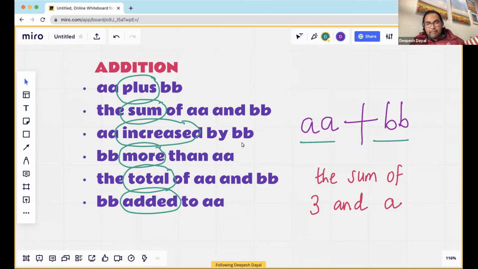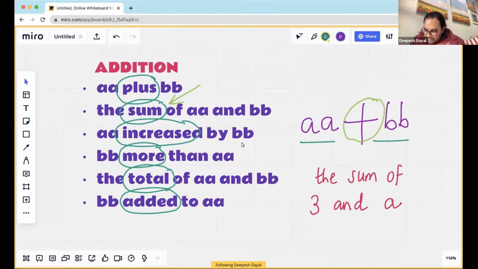So if they say the sum of 3 and A, what must be between 3 and A? A plus sign. So it will be 3 plus A, not 3A, because 3A means times, right? So it's 3 plus A, because it says sum. Remember, we use these vocabulary, the words here. Here's sum. When we said sum, we spoke about plus.